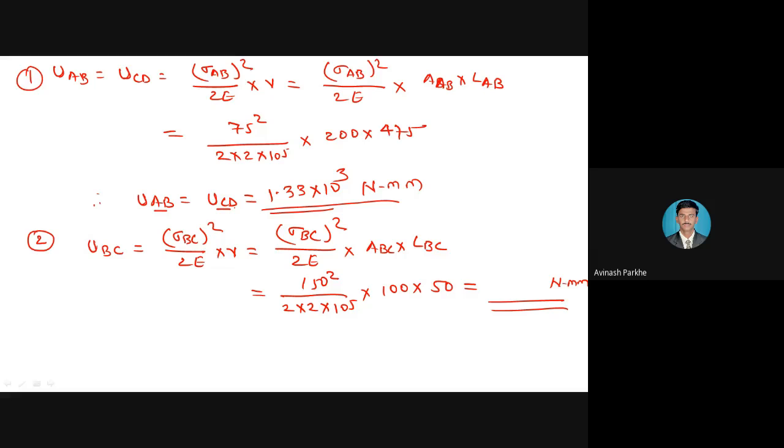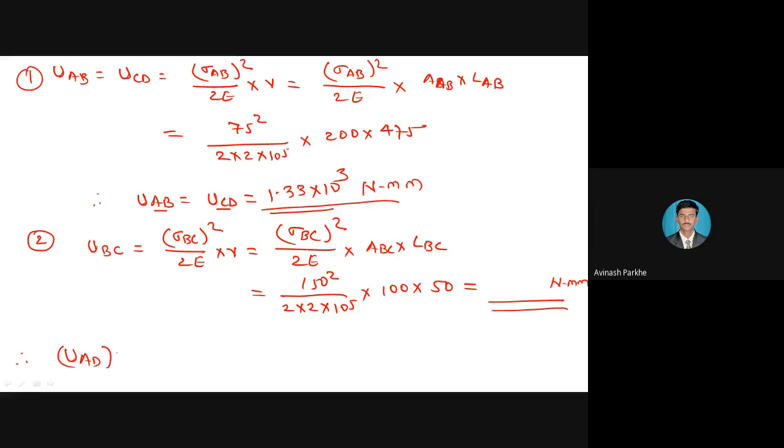Section AB and section CD, or section 1 and section 3, same length, same cross-sectional area, same stress. Therefore, 1.33 into 10 raised to 3. Please do the calculations. Then find the value of sigma of BC.